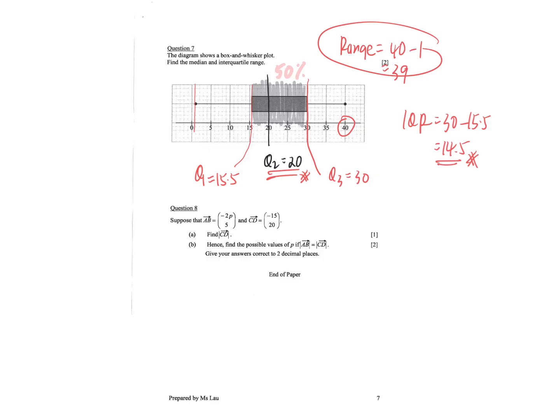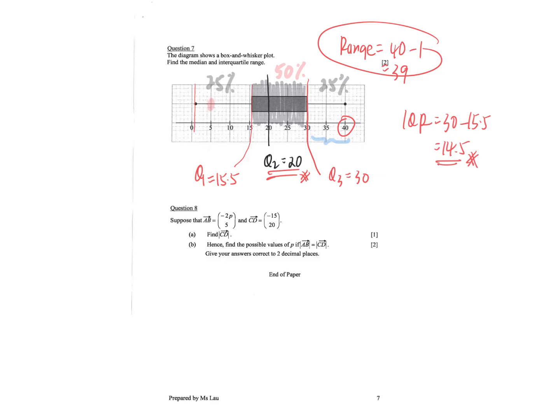What's the chance that I can score more than 30 marks? 25%. So they also like to mix probability with box plot.